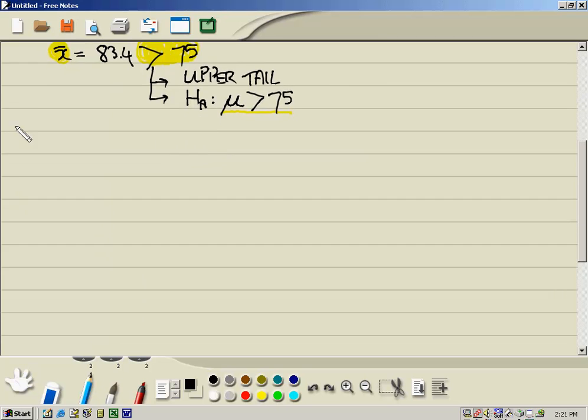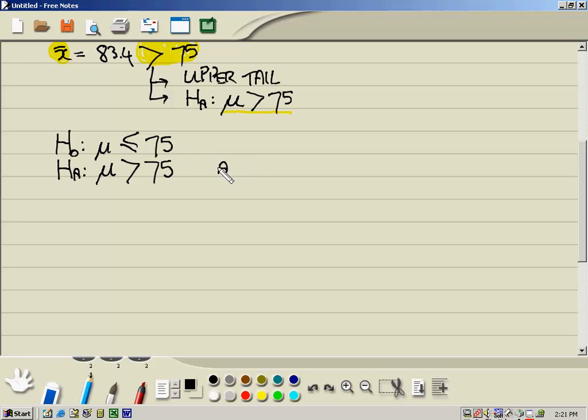Let's start from there and write down both hypotheses, but now we'll include interpretations. The alternate is mu greater than 75, and the null is the complement, mu less than or equal to 75.